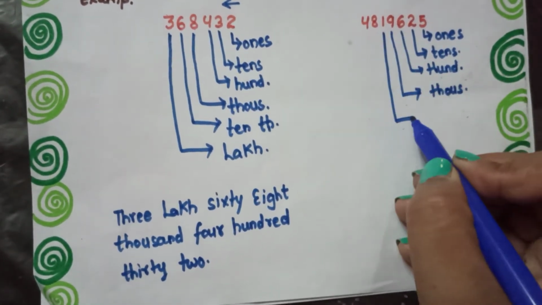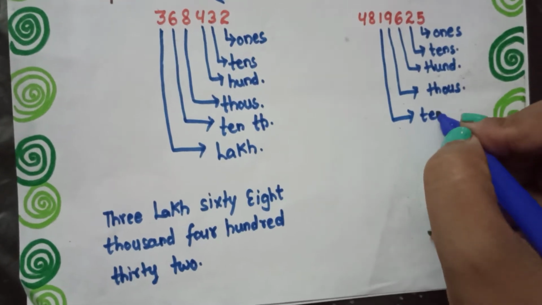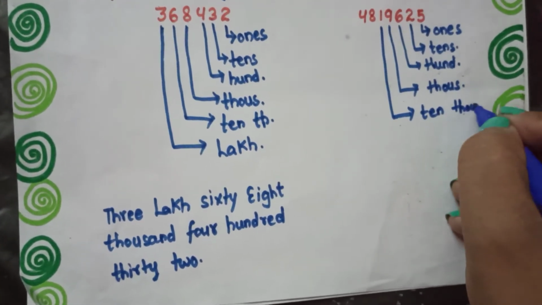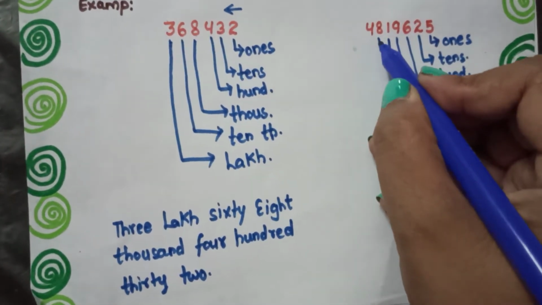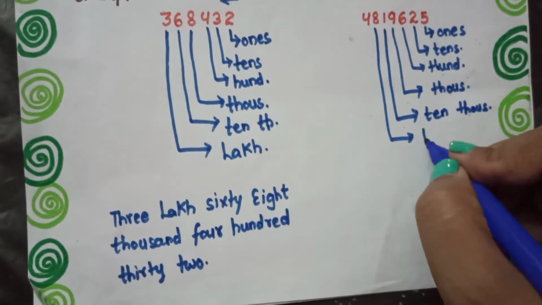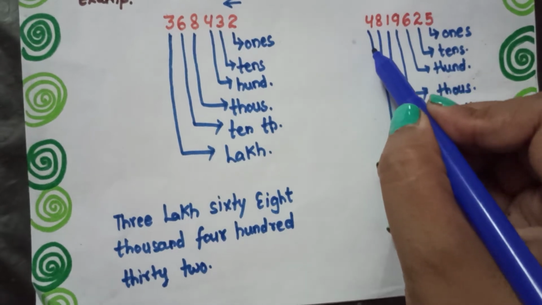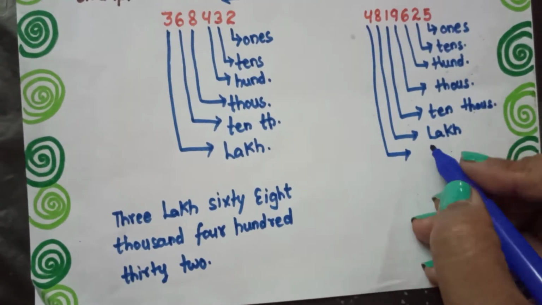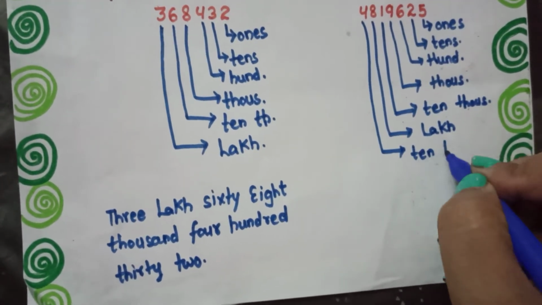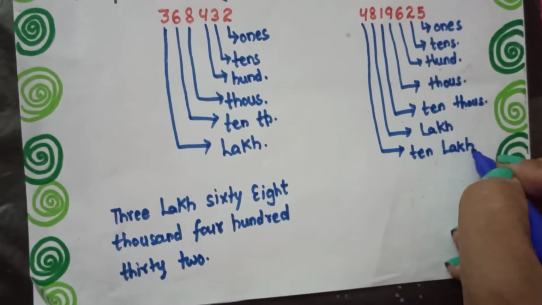Then 10,000. Then this one is placed at lakhs place. Then this one is at 10 lakh. Okay.